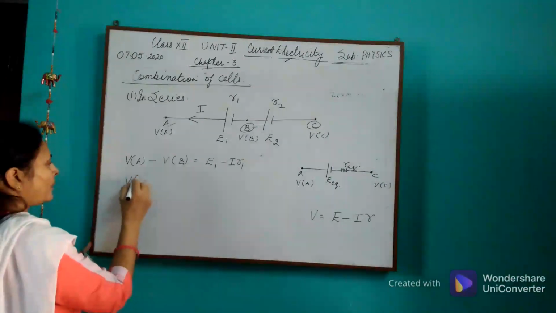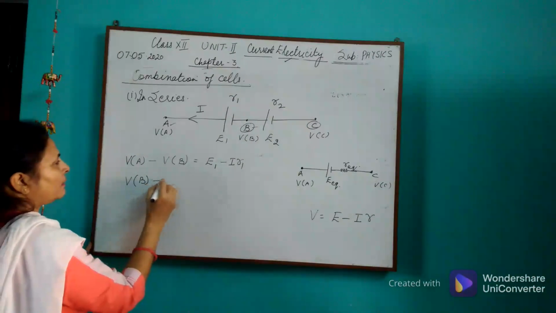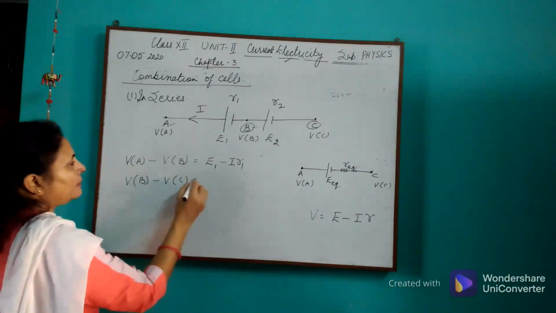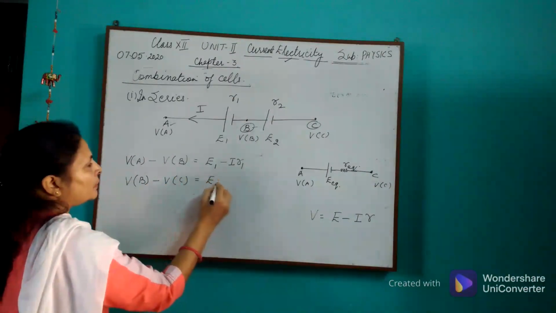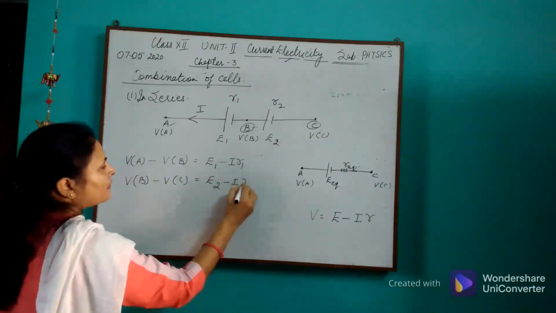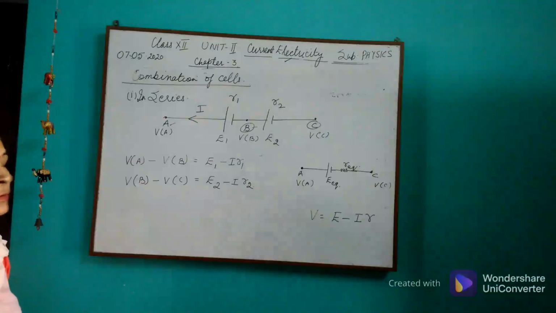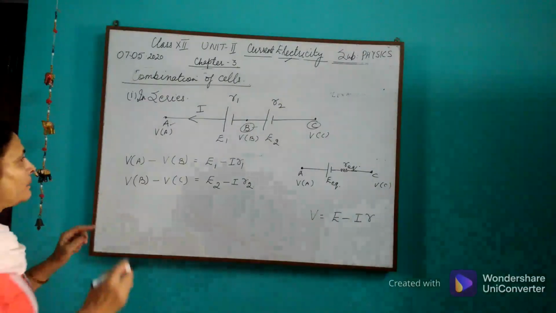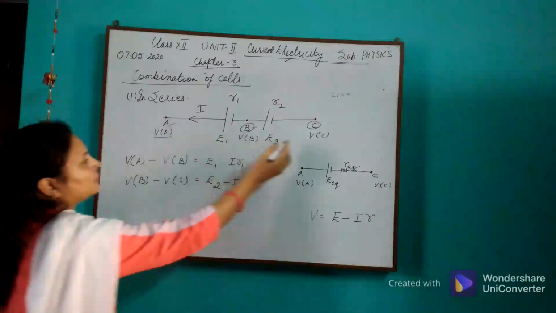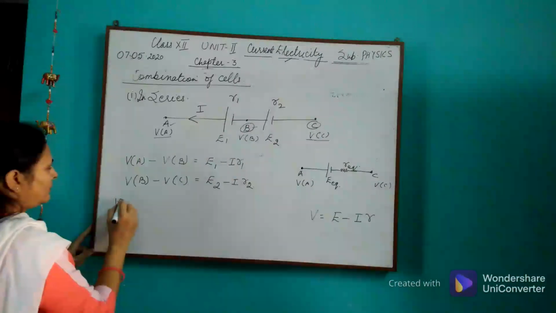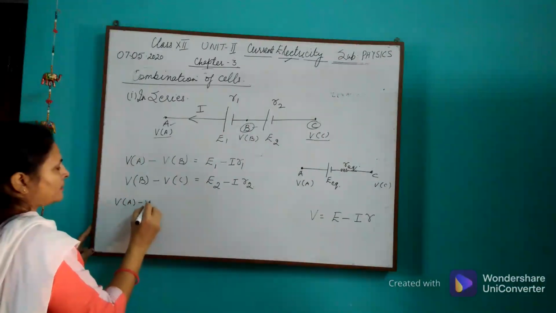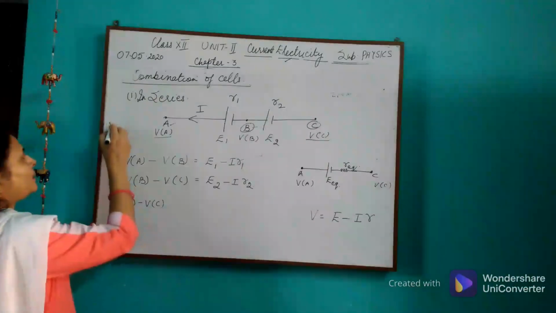So, VB minus VC will be equal to E2 minus Ir2. Current is going to remain the same. I want to find out VA minus VC. You can write it like this also.